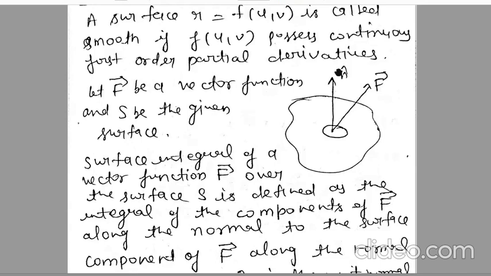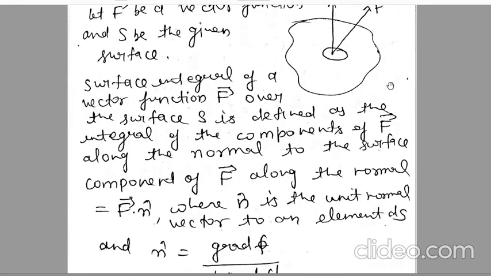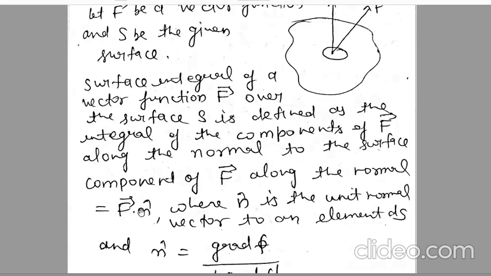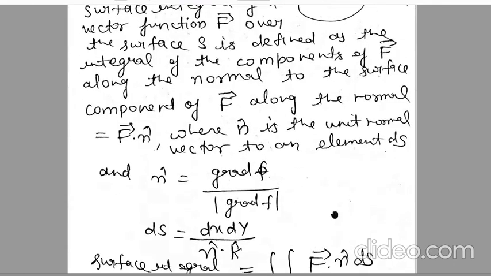This is your normal, n cap, the normal vector, and this is your given function F vector. The component along the normal is F vector dot n cap, where n cap is the unit normal vector to an element dS, and your n cap is gradient of f upon modulus of gradient of f, and dS is equal to dx dy upon n cap dot k cap.